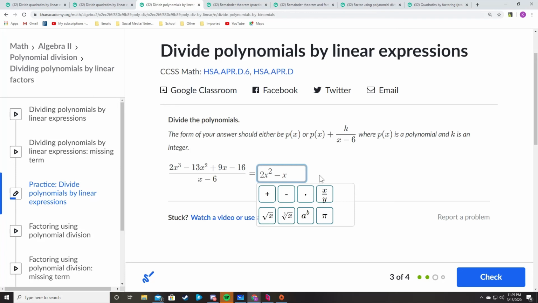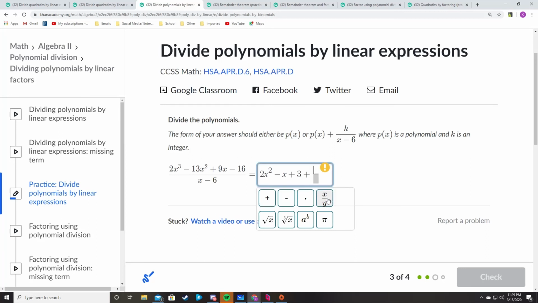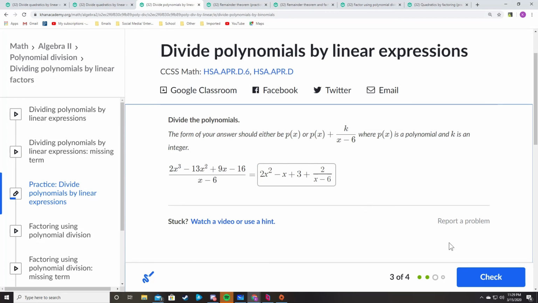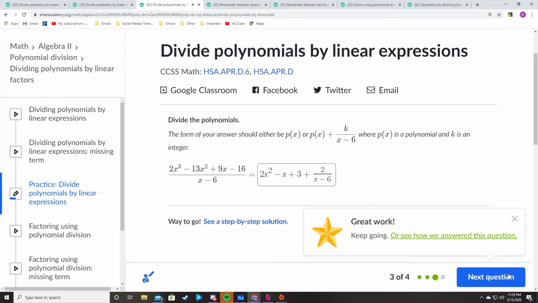Then we got plus 3. And then we got plus, we got to put our remainder in there. So we're going to hit this fraction part. 2. And then on the bottom, we got x minus 6. Now, moment of truth. The drum roll, please. There we go. And we did it, folks.